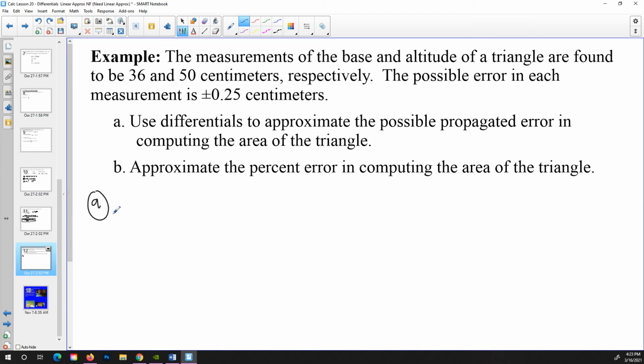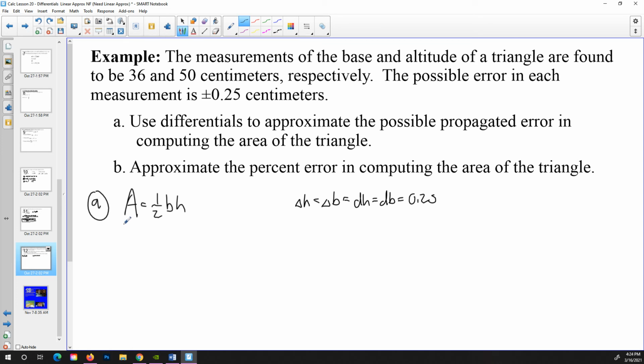So for part A, we know that the area of a triangle is equal to 1/2 the base times the height. We also know that the possible error in each is going to be 0.25. So our delta H equal to our delta base equal to our DH equal to our DB is all going to be 0.25.